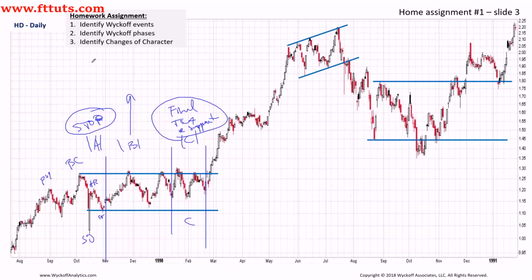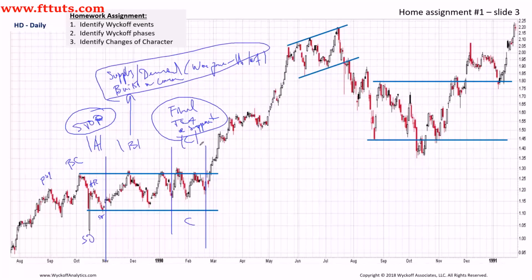So the phase B intention is to define the relationship between supply and demand. Sometimes I think about this like a war zone. It's going to be extremely volatile as a zone by itself. And another intention behind phase B is to build a cause. So those are the intentions behind phase B.